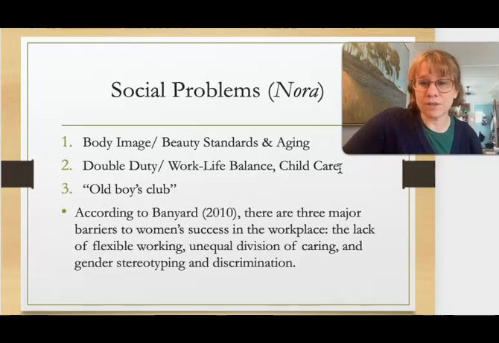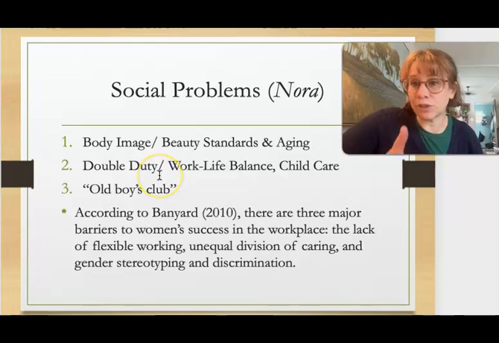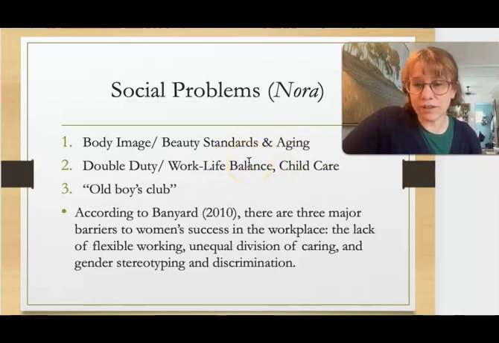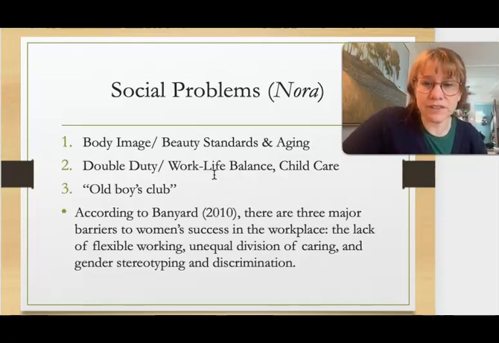So instead of making our lives easier in some ways, it's become this double duty where women have to do both instead of just one role. And that leaves this Nora with a very difficult work-life balance. She's overworked and having a hard time managing all of her different responsibilities with being a mother and being a wife and being a working woman.